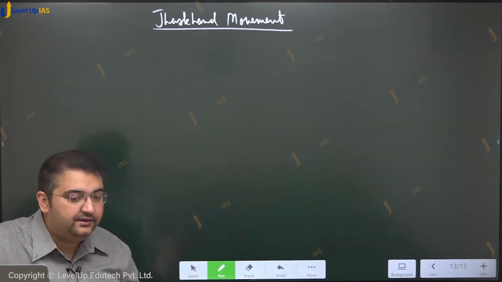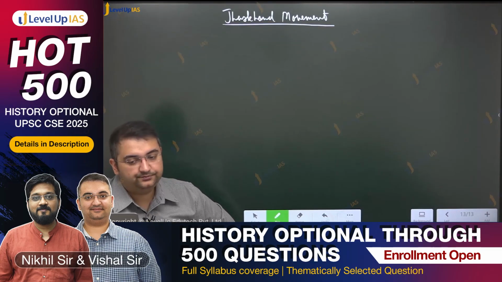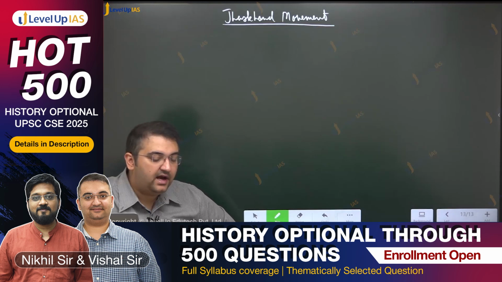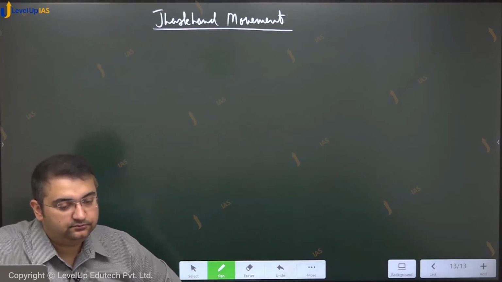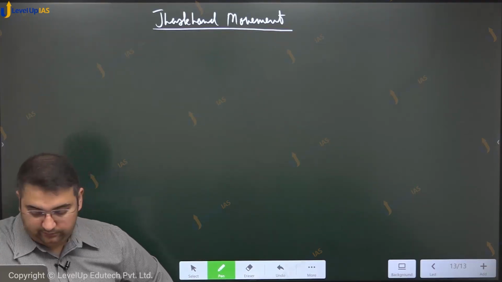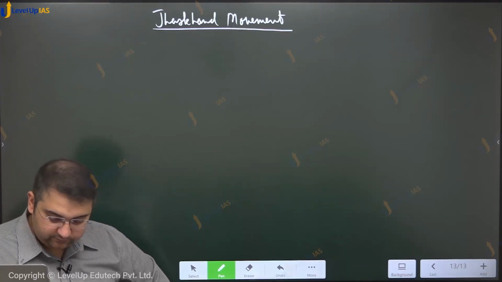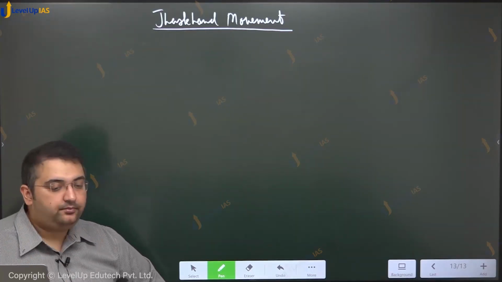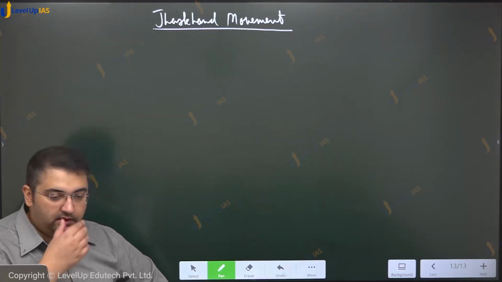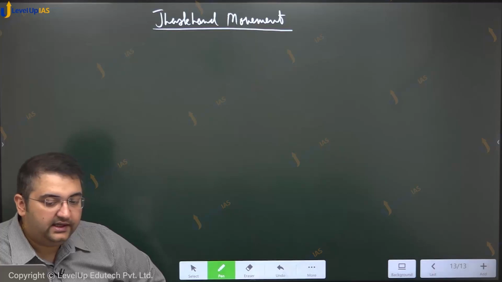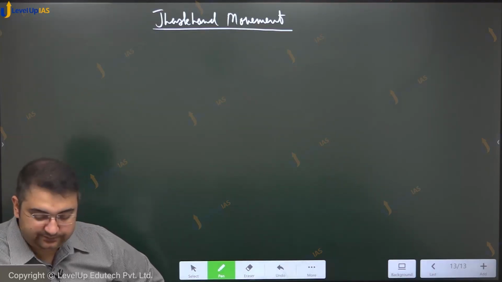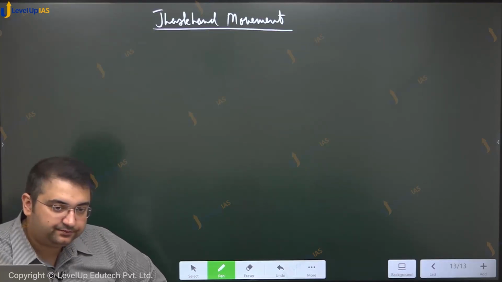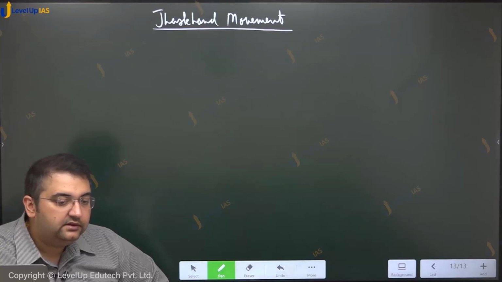Write down. Ultimately, next point. Ultimately, through the MP Reorganization Act 2000 and Bihar Reorganization Act 2000, Chhattisgarh and Jharkhand emerged as the 26th and 28th states respectively.